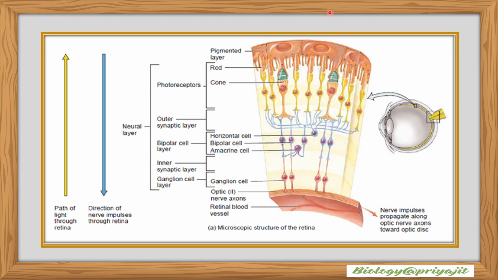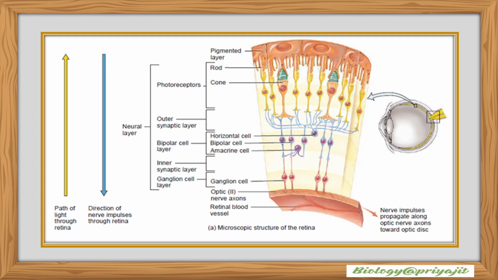So, layers of the retina. There are pigmental layers which absorb stray light to improve visual clarity. Photoreceptors: rods for dim light and night vision, black and white, and cones for bright light and color vision. The outer synaptic layer maintains the connection between the photoreceptors and the bipolar cells.